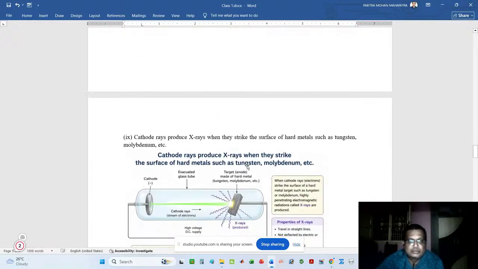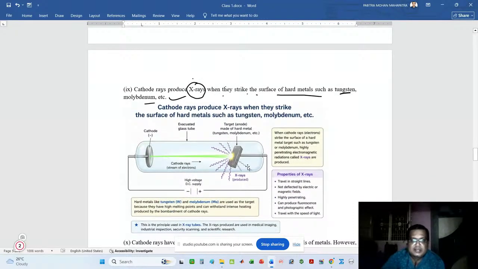Next point is cathode rays produce X-rays. You know what X-ray is? Cathode rays produce X-rays when they strike the surface of a hard metal such as tungsten, molybdenum, etc. Look at that, in this diagram I have taken a hard metal, maybe tungsten.